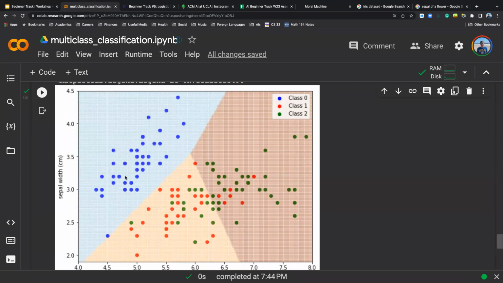This is the yellow cluster for one type of flower, and the red cluster for one type of flower. The key thing to note in general about logistic regression is that the green and the red points here, even visually, aren't linearly separable. You can't draw a line and have this side be one class and this side be another class. So that is one of the shortfalls of logistic regression.